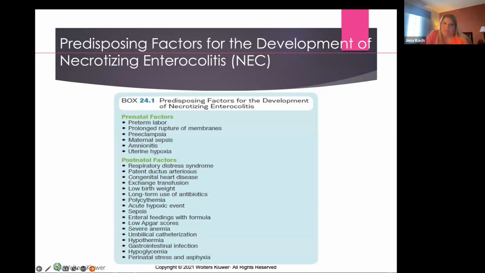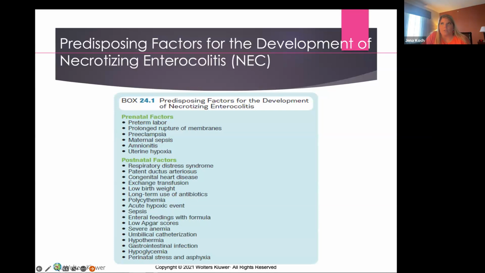Predisposing factors, right? Here are the prenatal factors and then postnatal factors. Again, typically the premature infants, those who are not receiving strictly breast milk. Bakersfield is very fortunate that all hospitals in Bakersfield offer breast milk, donor milk, to at least all of the premature infants in the NICU.